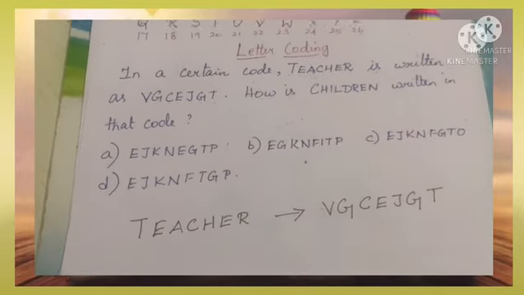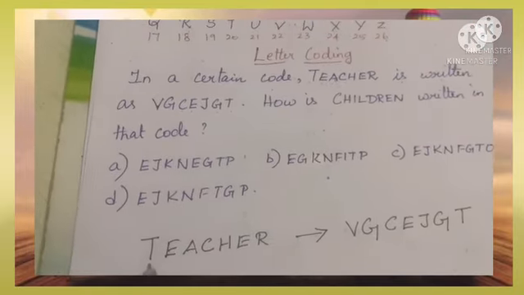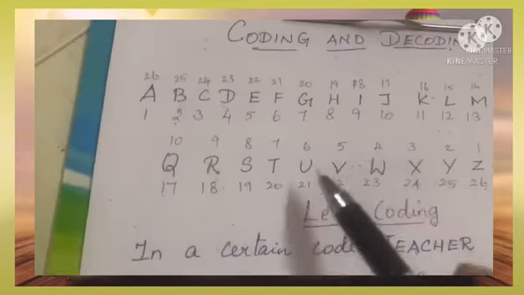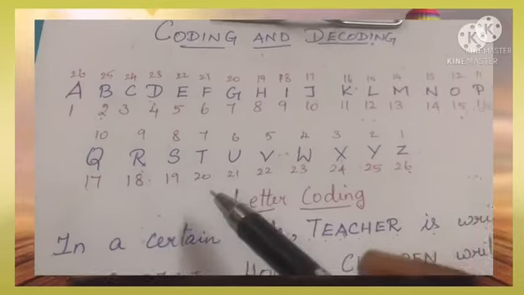Okay. Now we have to find how it is being coded. So for that, T is taken as what? V. So come to your ABCD here.